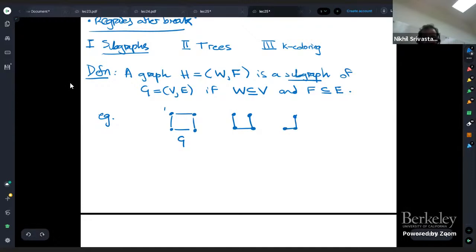So of course these are labeled 1, 2, 3, 4. Or you could just look at the graph with the same set of vertices, but none of the edges. So these are some of the different types of subgraphs of this given graph. So let's call them H1, H2, H3, H4.